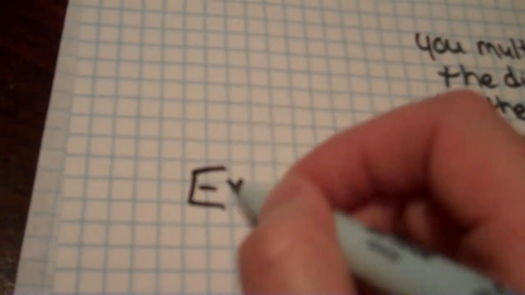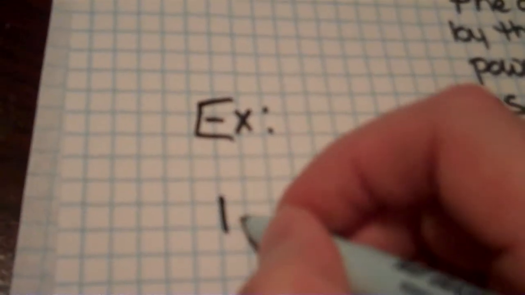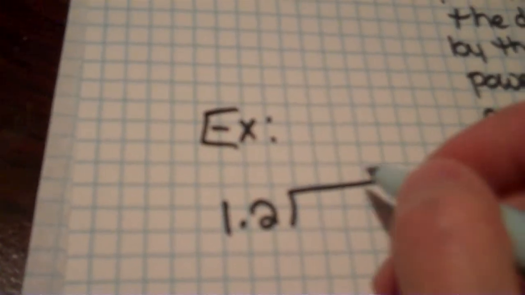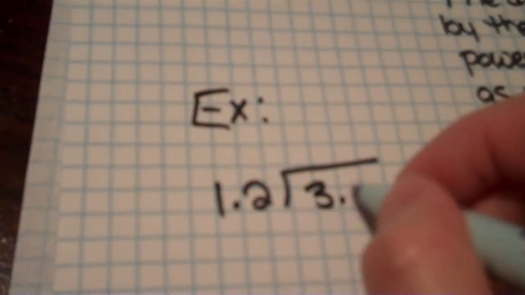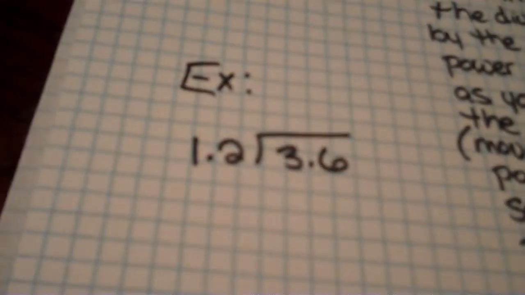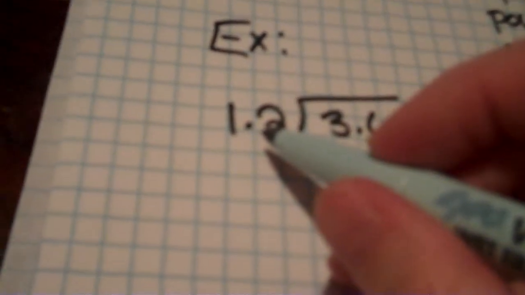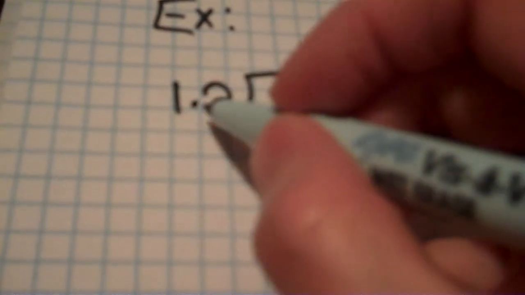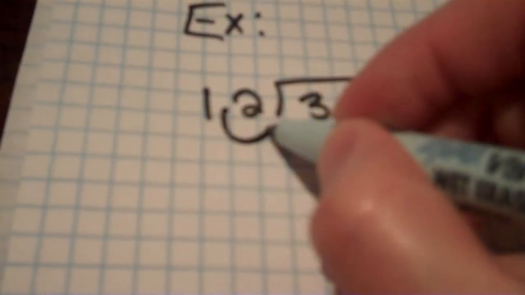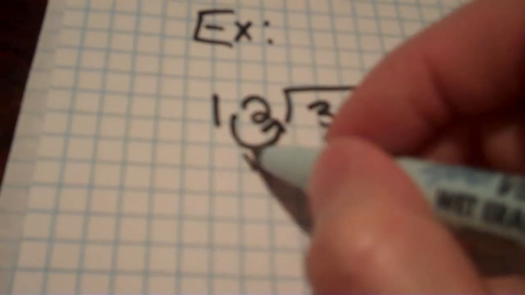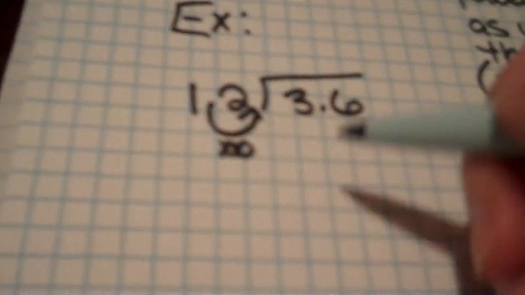Let's look at an example. 1 and 2 tenths divided into 3 and 6 tenths. I need to make my divisor a whole number. In order to do that, I have to move this decimal point 1 place to the right, which means I'm multiplying by a power of 10.